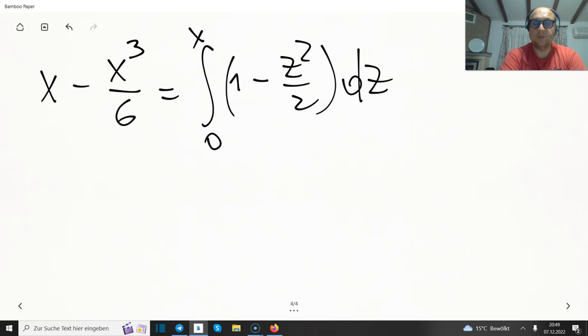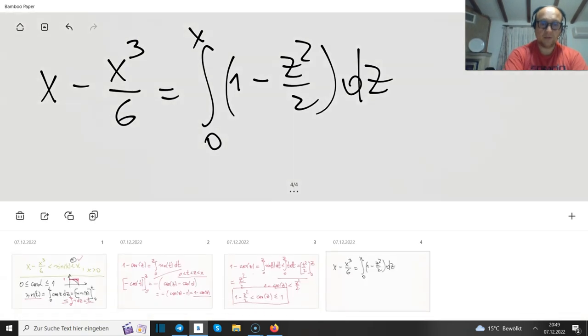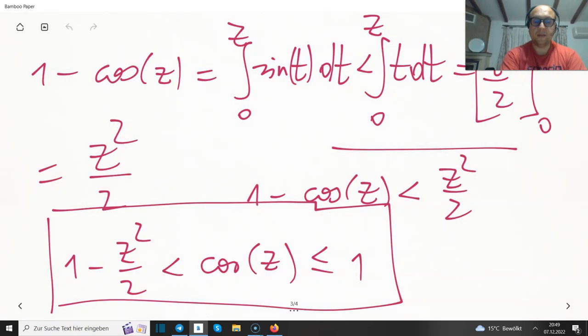So it's all about the original function. The original function of 1 is z. If I put x, it's going to be x. The original function of z squared divided by 2 is z cubed divided by 6. If I put x, so perfect. Everything is fine. But we proved on the previous page that the expression 1 minus z squared divided by 2 is less than the cosine of z.